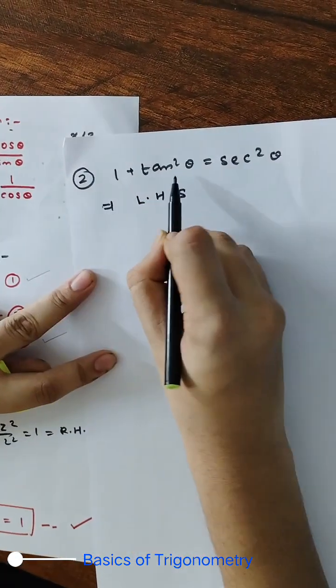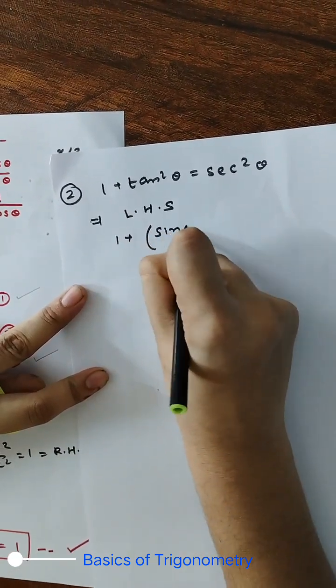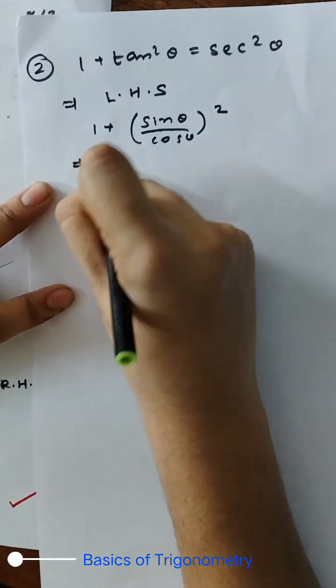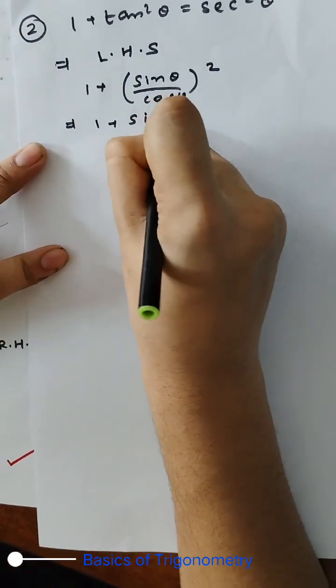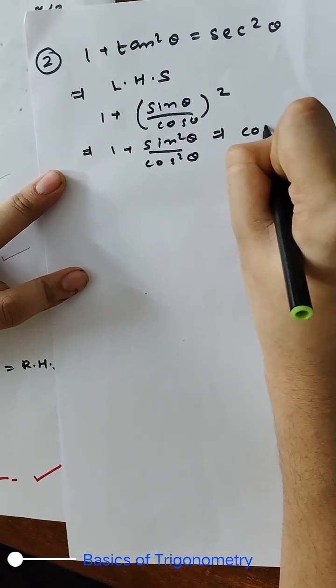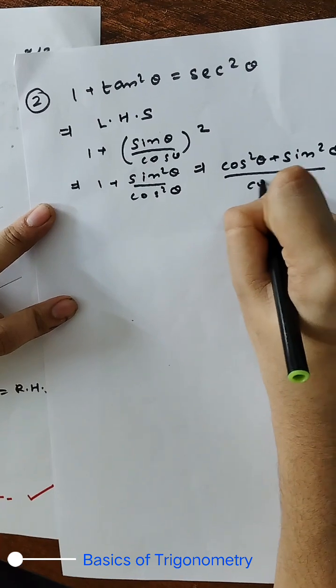We will substitute tan theta as sin theta upon cos theta, so it will be 1 plus sin theta upon cos theta whole square. After expanding this, we will get 1 plus sin square theta upon cos square theta. Now, after rearranging, we will get cos square theta plus sin square theta upon cos square theta.